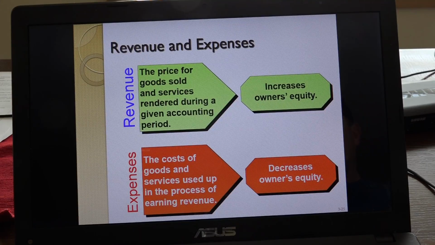Revenue is defined as the price for goods sold and or services rendered during a given accounting period. Again, revenue increases owner's equity. Expenses are the cost of goods and services used up in the process of earning revenue, and so expenses decrease owner's equity.